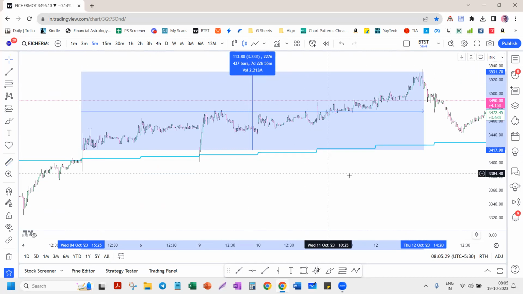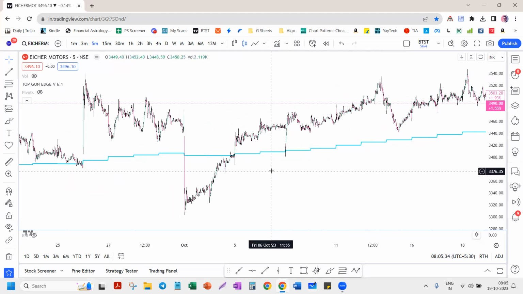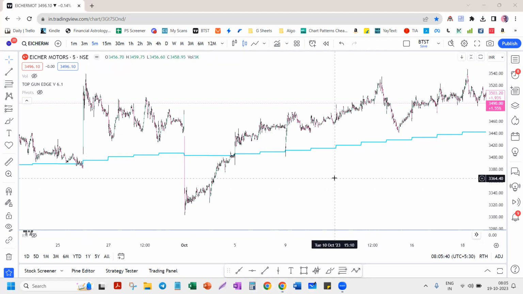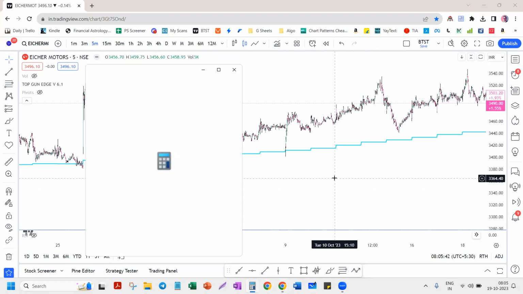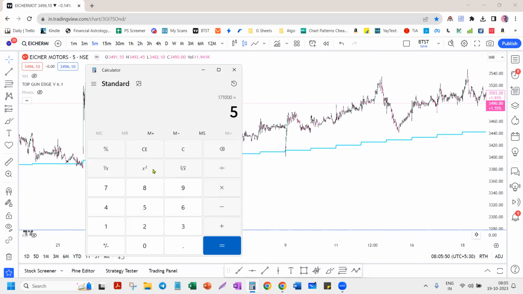Now, 3% of Eicher Motors will easily give you 5 to 10% of your investment. So if you put, let's say, 50 shares in this, 50 into 3420, that's 1,71,000. And if you do 5% of it, you'll easily get this much. Easy money.